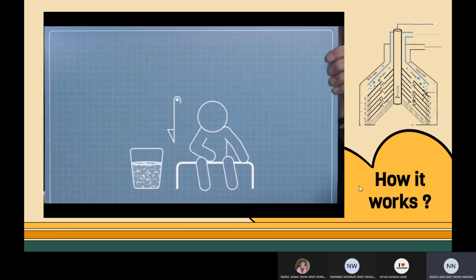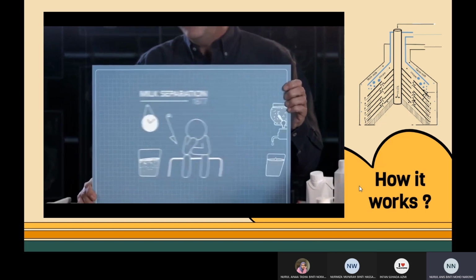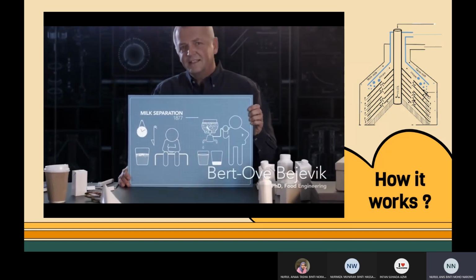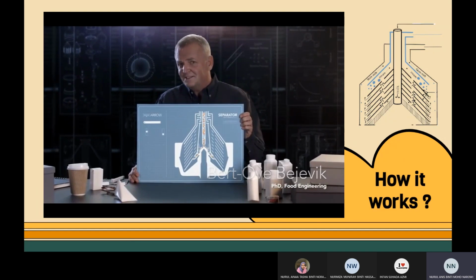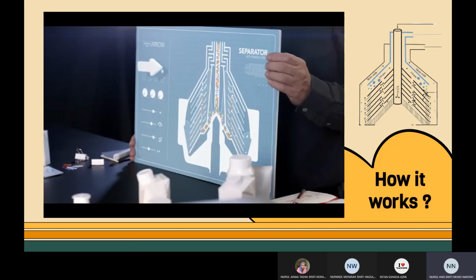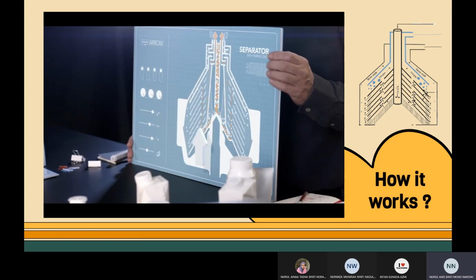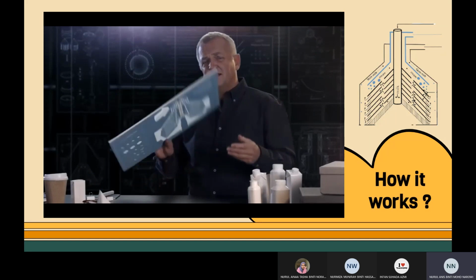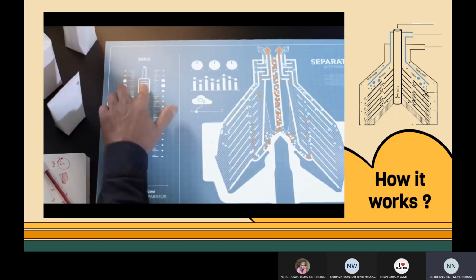We do what we have always done, more or less the same way, until the day someone dares to think differently. For years and years, separators were made like this, following the same basic principles. The fluid enters here, separates here, and exits here. This open design has several limitations.